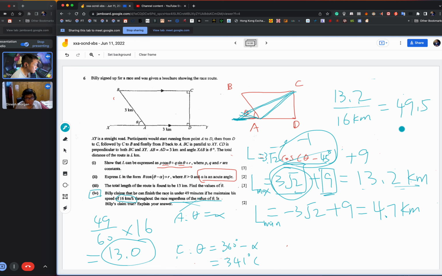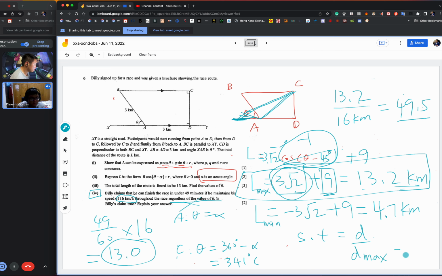So that means when my L is max, it requires more than 49 minutes, so it cannot be under 49. Understand? So for this question, speed times time is equal to distance, so you just need to take the max distance, which is L max.